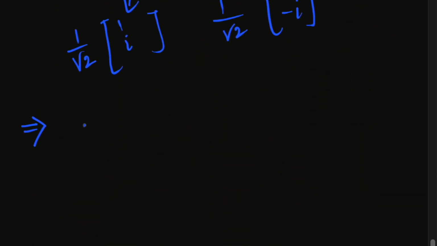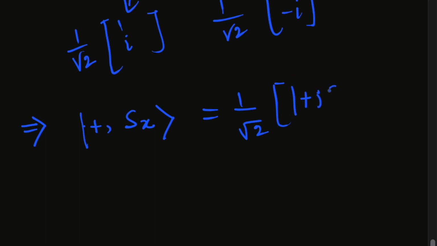So we can write plus Sx in terms of Sz as follows: 1 by root 2 (plus Sz plus minus Sz).